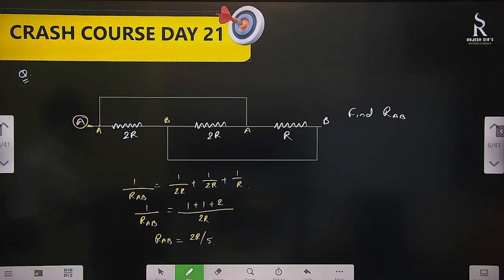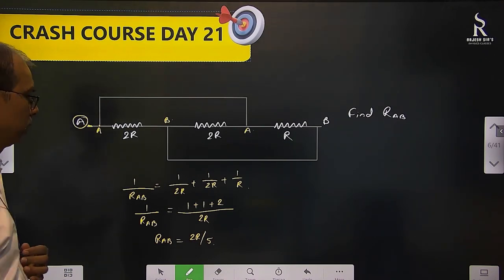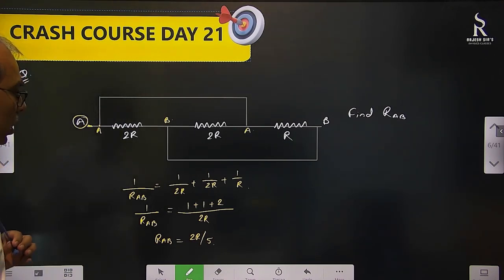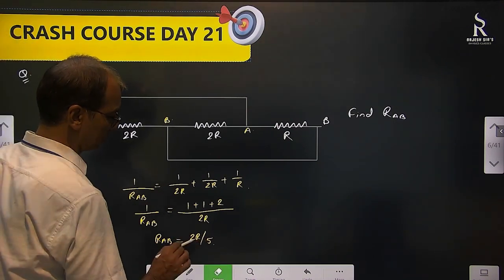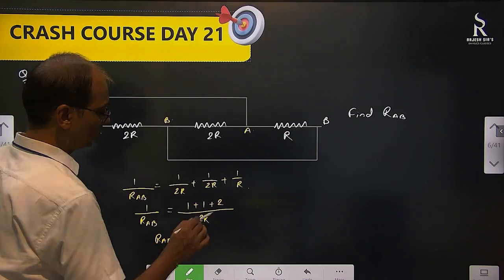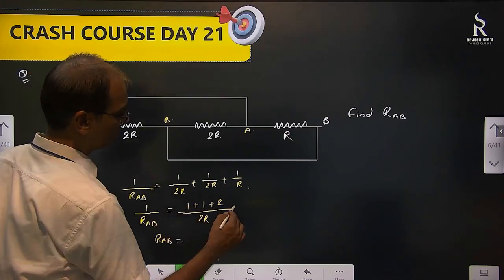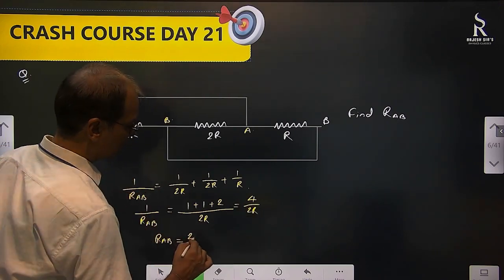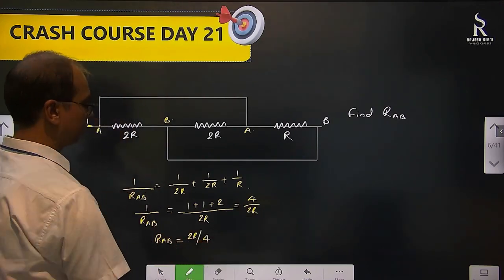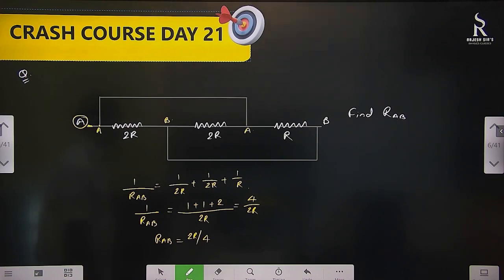Is it correct? Go ahead and correct or not? 1 plus 1. Oh, I have done a mistake. This is not 5. This is 4. 2 plus 1 plus 1. So 4. This is 4 by 2R. So this will become 2R by 4. So R by 2. Okay.